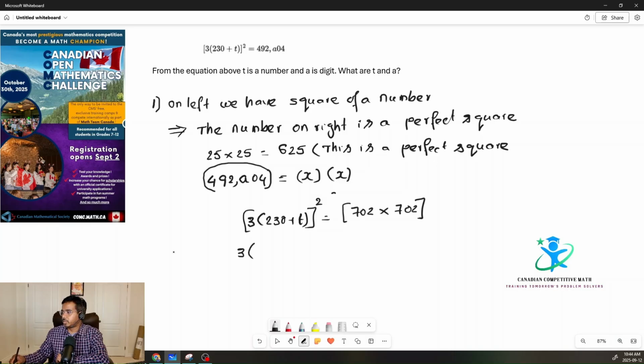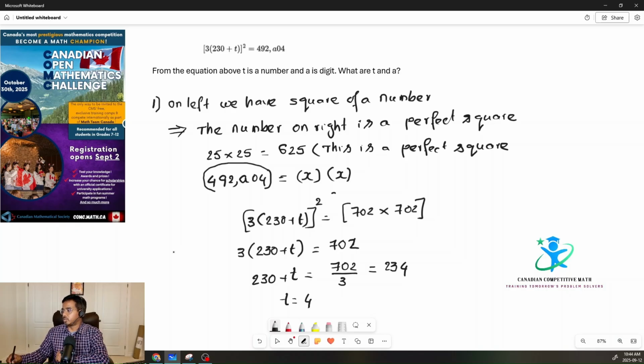So 3 times (230 plus t) equals 702. 230 plus t will be equal to 702 divided by 3, which is 234. We established that. So t is equal to 4. So now we established A equals 8 and t equals 4.